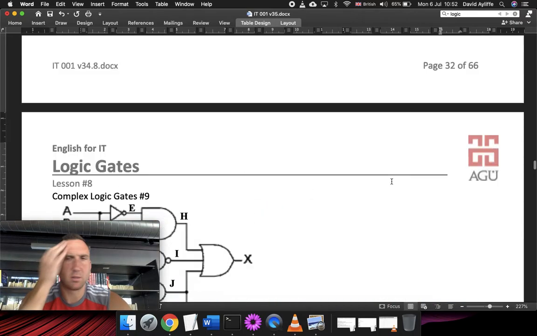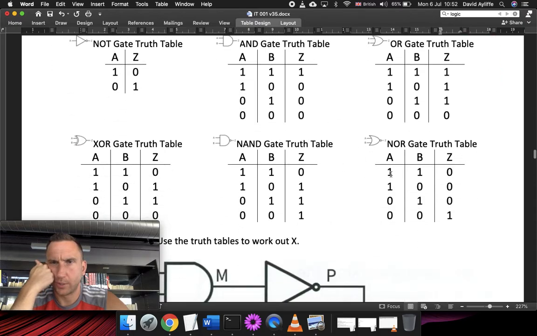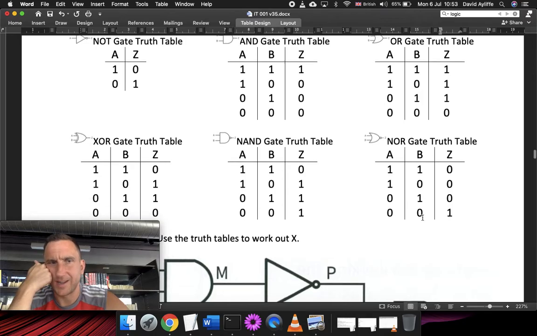So, NOR gate, remind me. NOR gate. Okay, so we only get positive output if we have negative input.